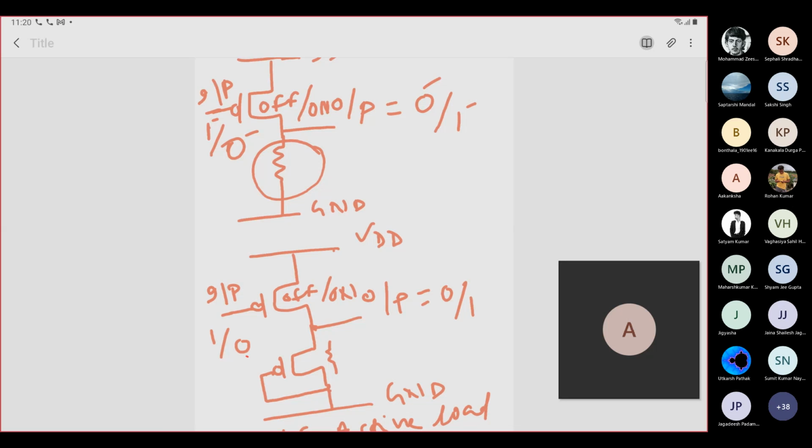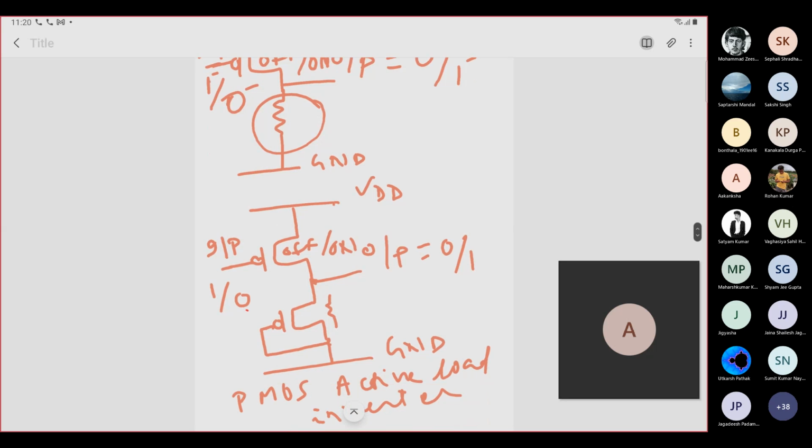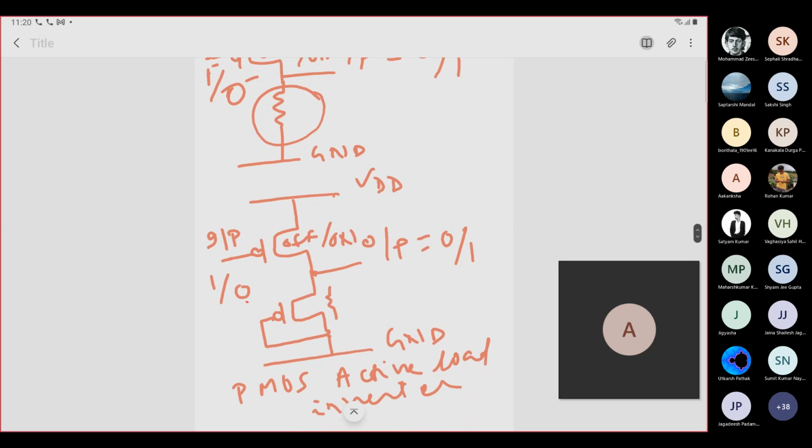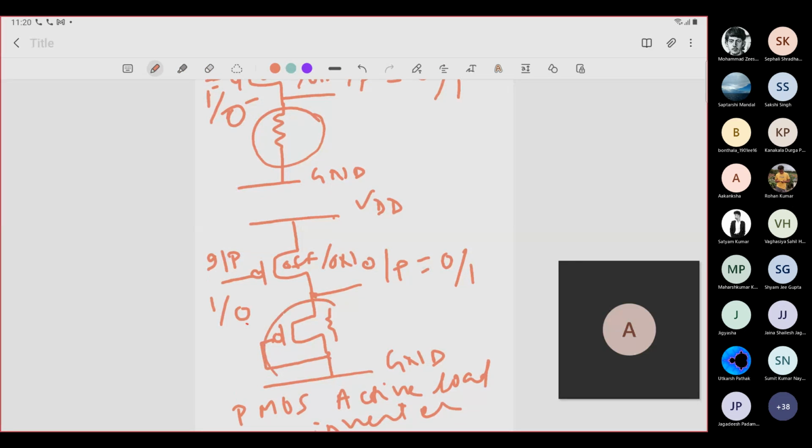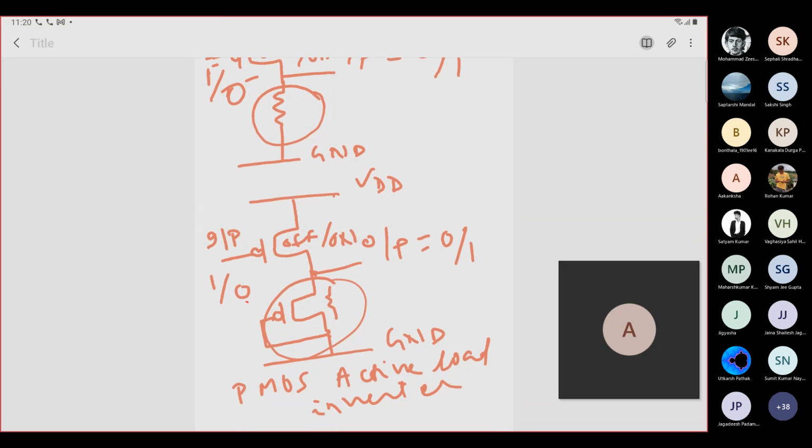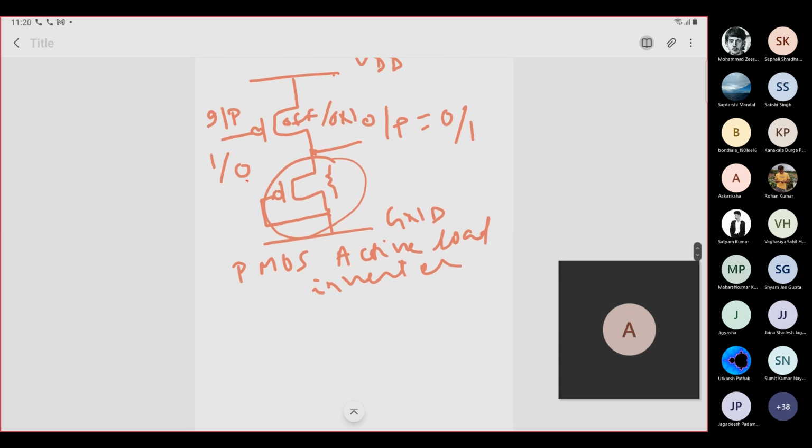But in this active load case, the PMOS device is used as an active resistor. Let me tell you before going to that, I think I understand your doubt. I will come to these realizations.